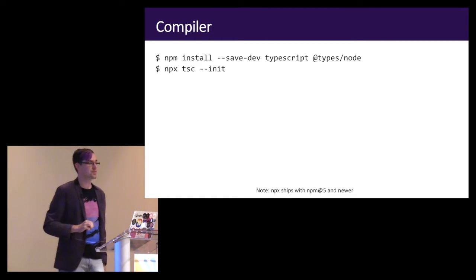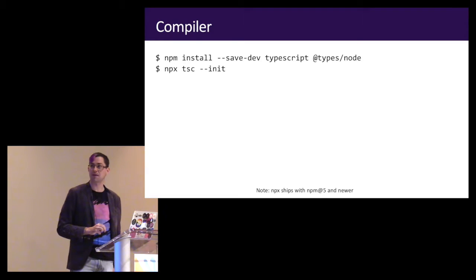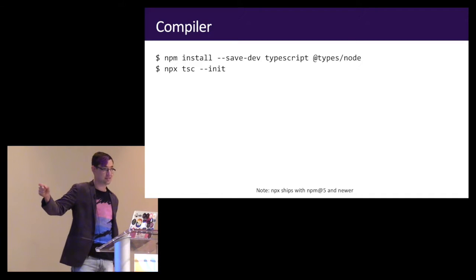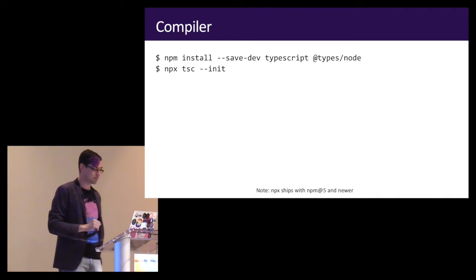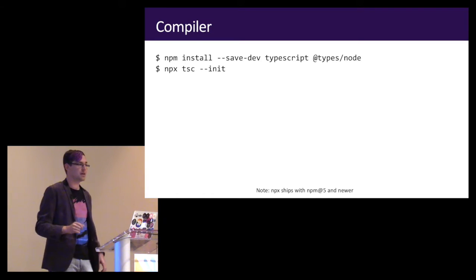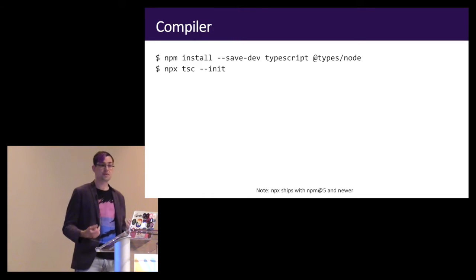This is written by Kat Marchán, one of the lead CLI developers for npm, and it makes it a lot easier to just run these extra commands. So you can run npx tsc. It's going to look inside the node_modules folder, find that binary, and pass it this --init command. And whenever we run tsc --init, it works just like when we run npm init.